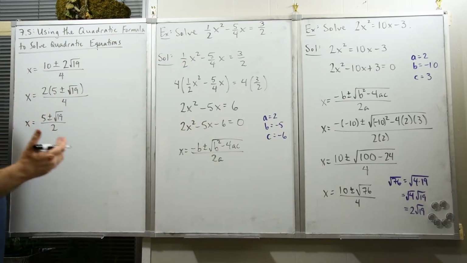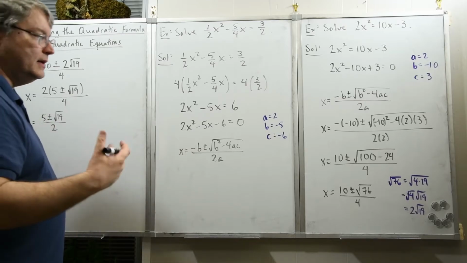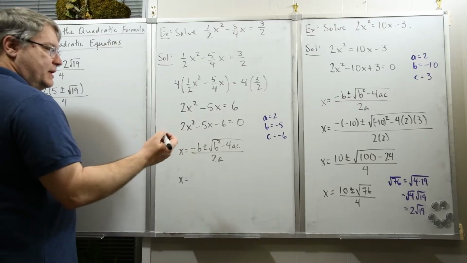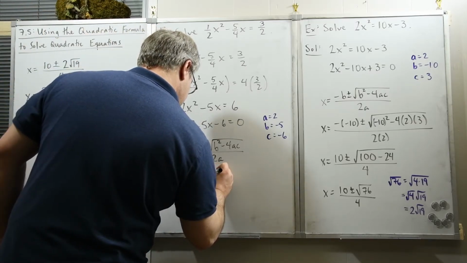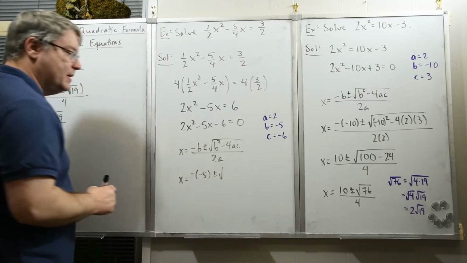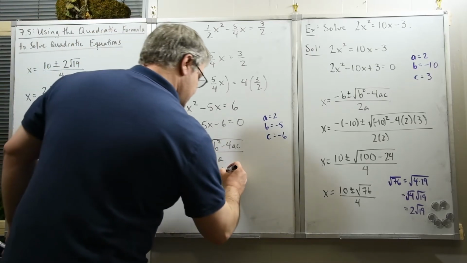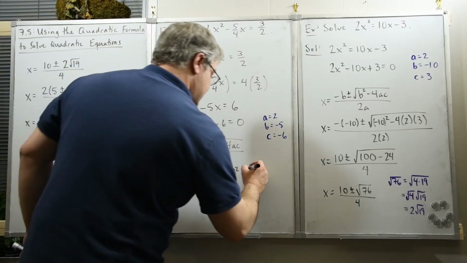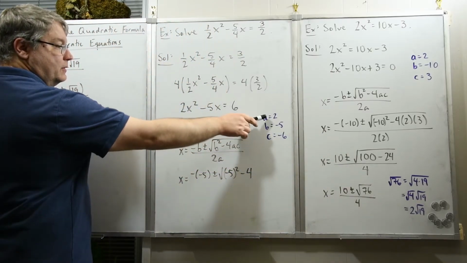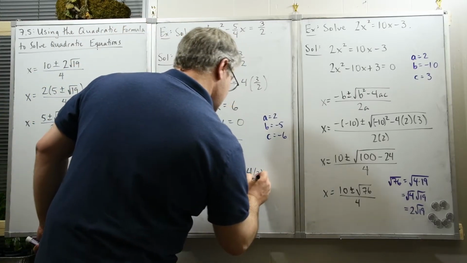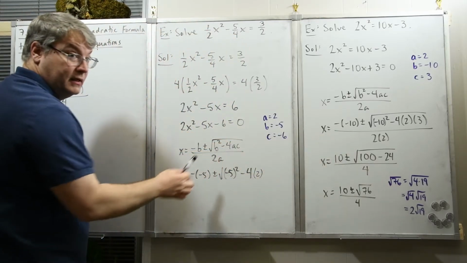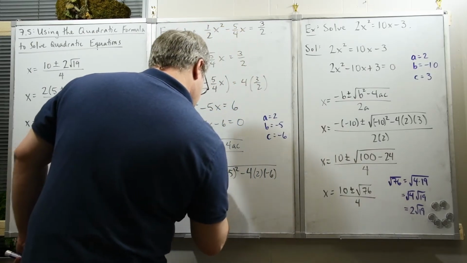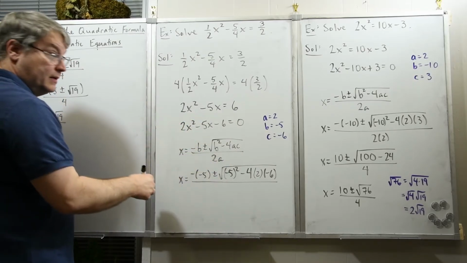And we'll plug in 2 for A, negative 5 for B, and negative 6 for C. So negative B, negative 5, plus or minus the square root of negative 5 raised to the second power, minus 4 times A, which is 2, times C, which is negative 6, all over 2 times A, all over 2 times 2.